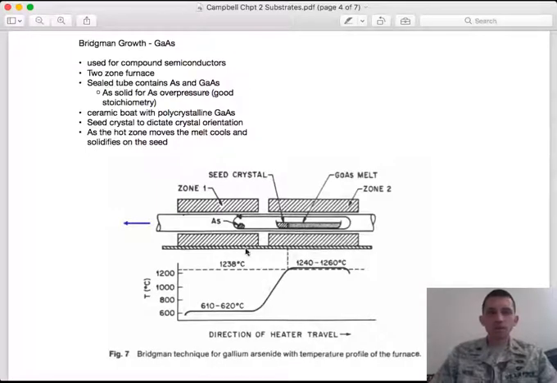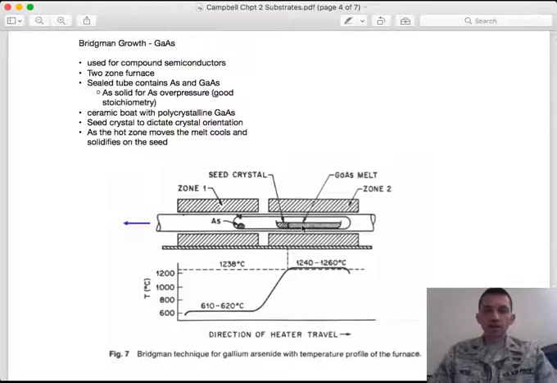So we have a two-zone furnace, we have a cold zone and a hot zone with a thermal gradient, and as the furnace is moved through the heater, right, I can move this thermal gradient through the material, and if I have a seed crystal at one end, right, as the thermal gradient is moving, it will form a molten region, which will then re-solidify on that seed crystal, right? So it's very similar in concept to the Czochralski method, except basically laid down on its side.